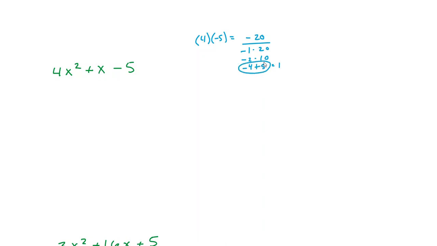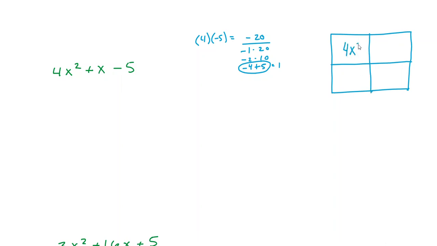So there it is. Now I'm going to do my boxes, 4 squares. In the first square, upper left-hand corner, 4x squared. In the lower right-hand square, the constant term, -5. Break my x into two numbers, -4x and +5x.